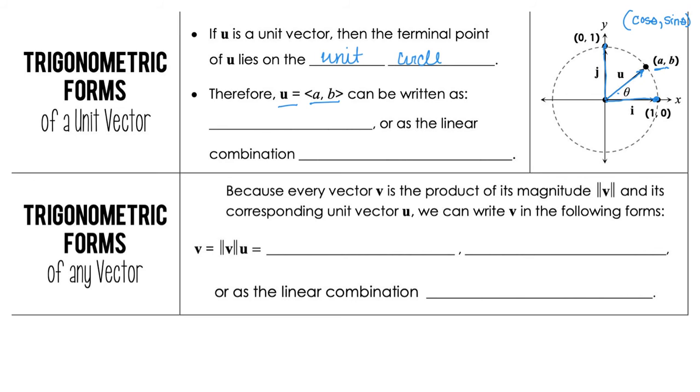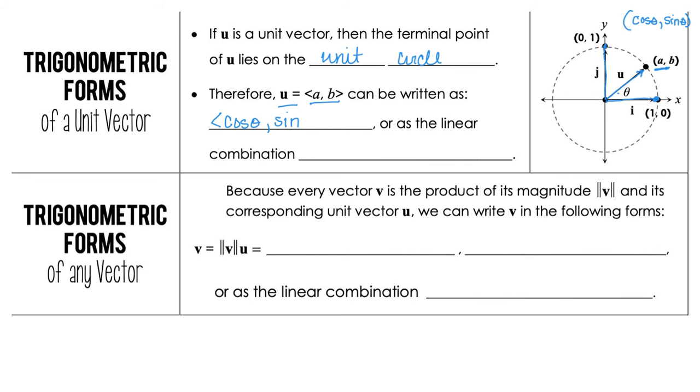That's how we always wrote those, the first was cosine and the second was sine. And so when we write U, that A and B component form is really the same thing as having cosine theta, because A is in the place of cosine and B is in the place of sine.